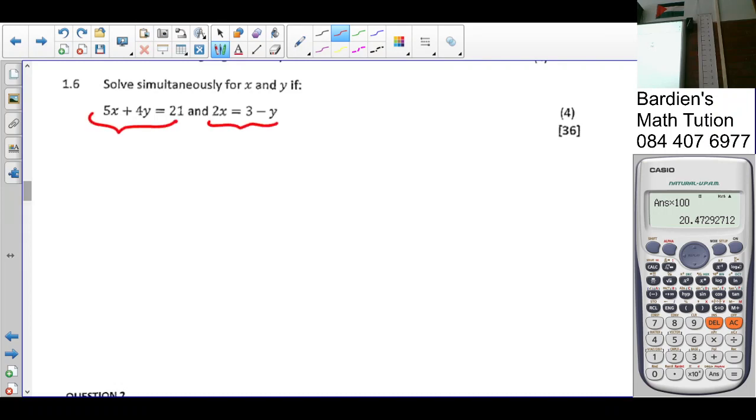Number 1 or 2? What are we going to make the subject of the formula here? The y. So we're going to make y the subject from equation 2. We take y's on one side and everything else on the other side. So y is equal to 3 minus 2x.